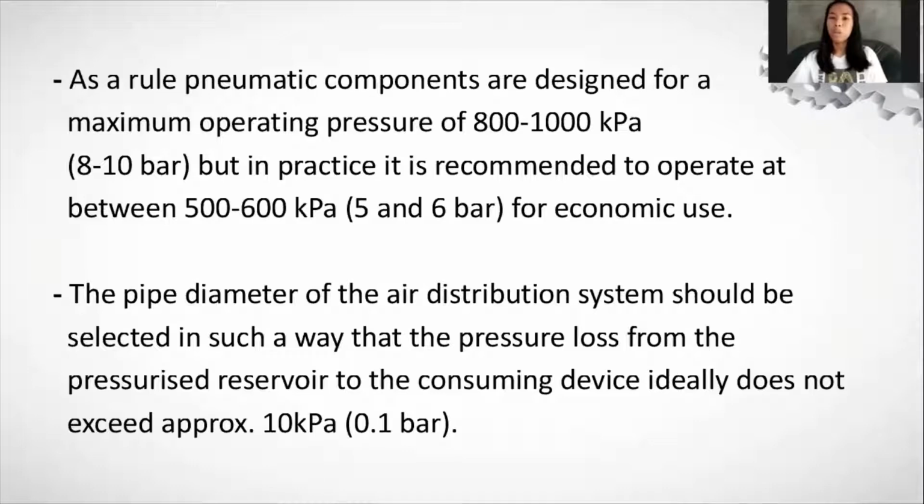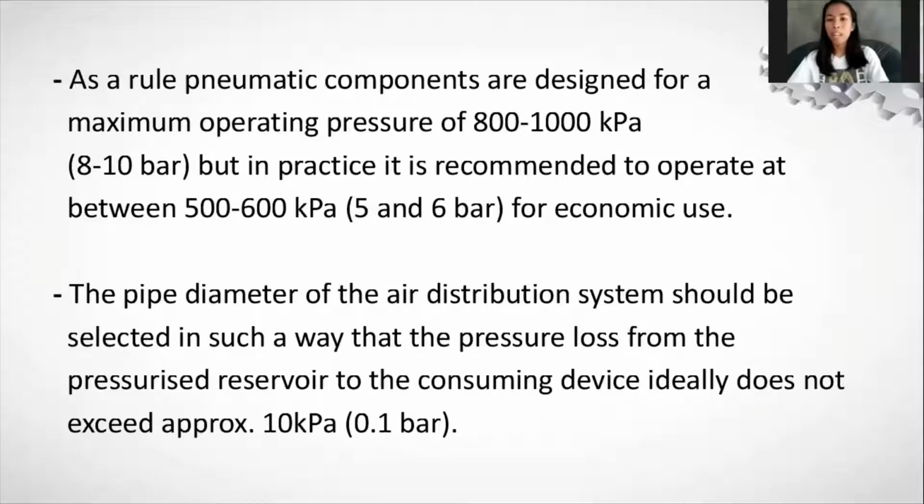As a rule, pneumatic components are designed for a maximum operating pressure of 800 to 1,000 kilopascal. But in practice, it is recommended to operate at between 500 to 600 kilopascal for economic use. Due to the pressure losses in the distribution system, the compressor should deliver between 650 to 700 kilopascal.